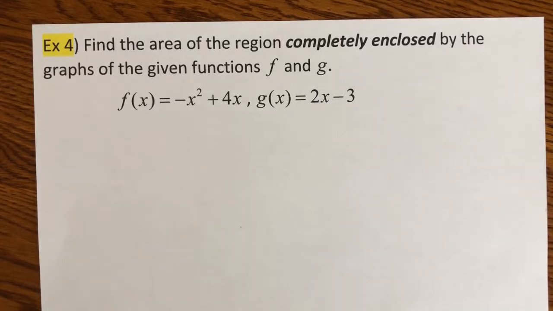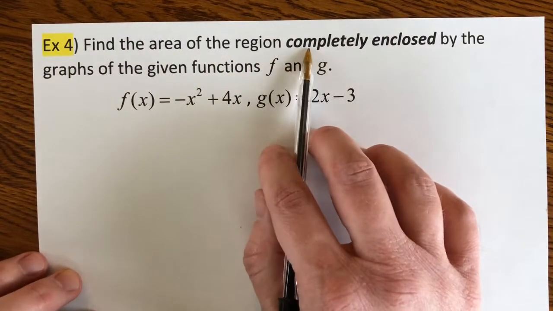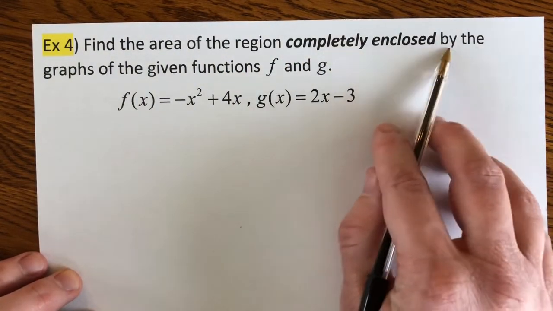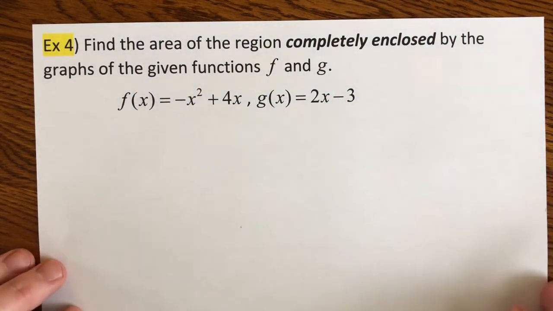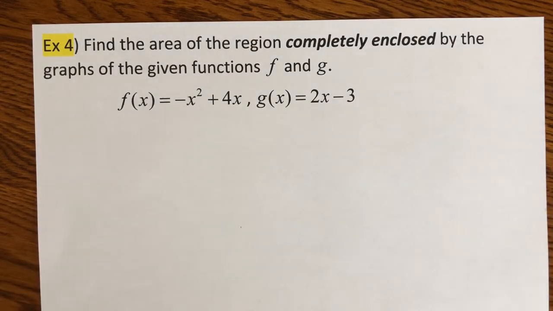Final example in this section. Example number 4. Find the area of the region completely enclosed by the graphs of the given functions f and g. All right, so we have to, again, make sure that we understand which graph is greater than the other.